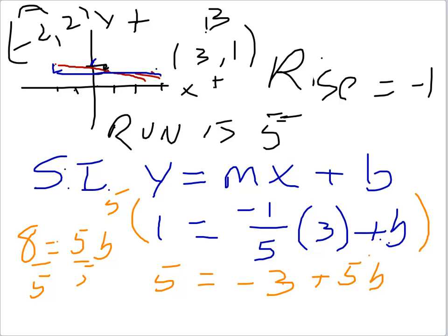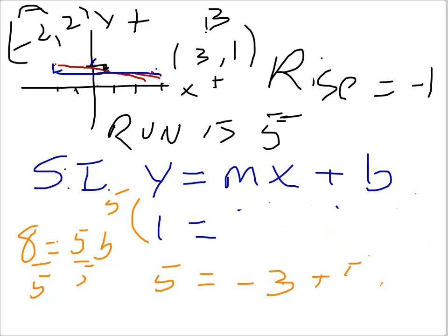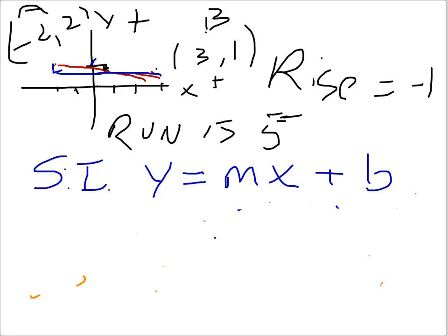So with b being 8/5, I then have an equation that looks like y, because that's the value that's being predicted by the x, and of course my slope never will change for this line.